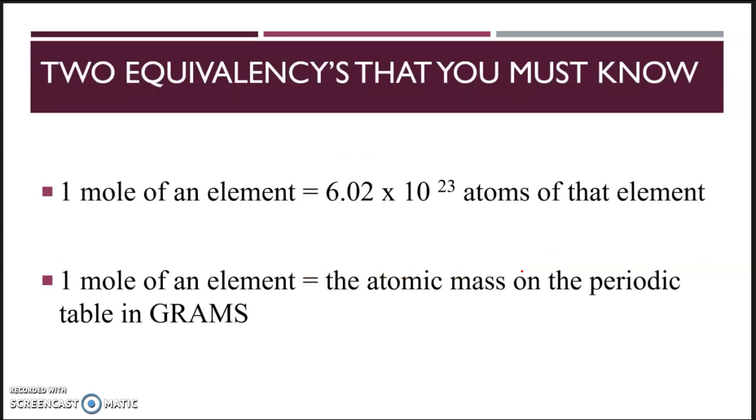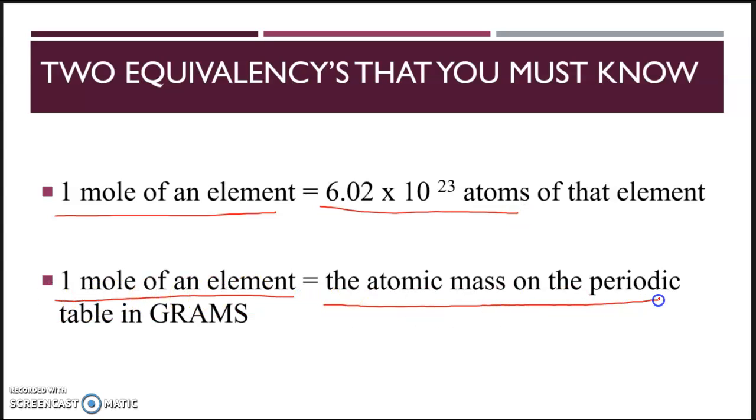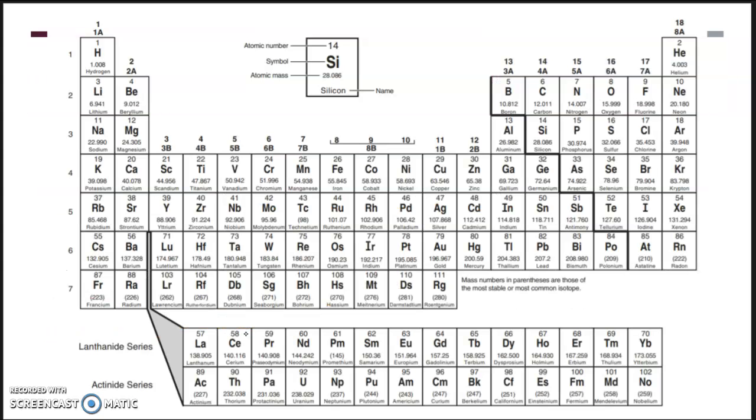And this is based off of the research done with the carbon atom, 1 carbon atom having a mass of 1. So 1 mole of any element has that many atoms. Also, if you have 1 mole of an element, it equals the atomic mass on the periodic table in grams. So looking at my periodic table right here, if I have 1 mole of boron, it's going to equal 10.182 grams.